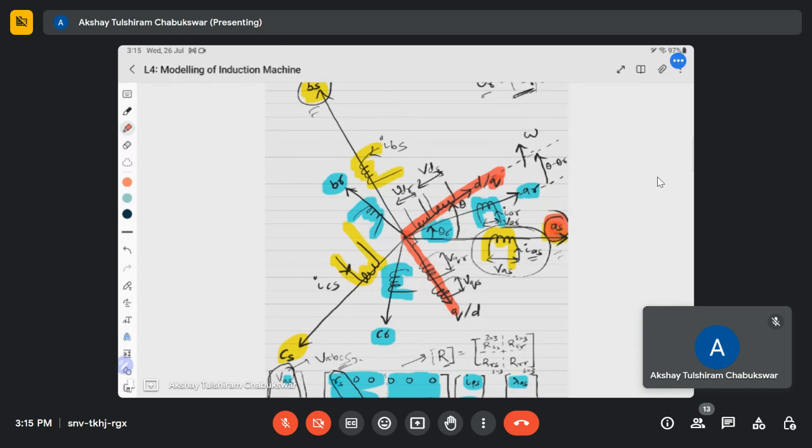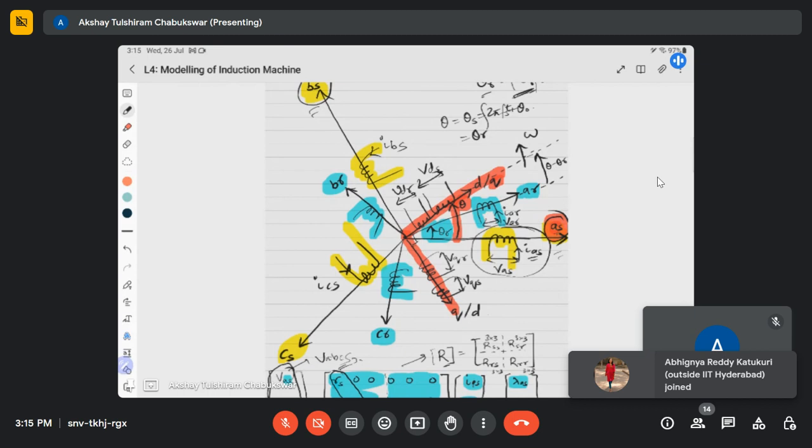It is theta. You can see this is theta. So theta can be anything. Theta can be theta s, so basically integration of 2 pi fs plus theta naught into t. Okay, or it can be theta r, or it can be 0 also.